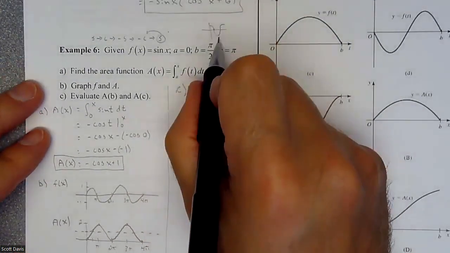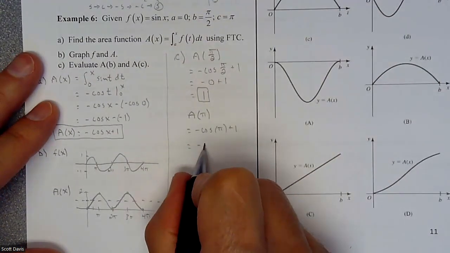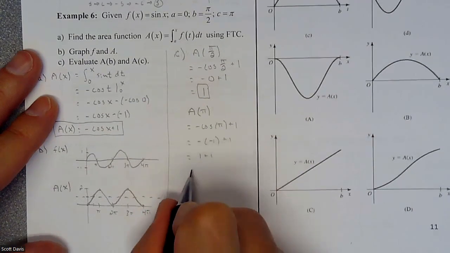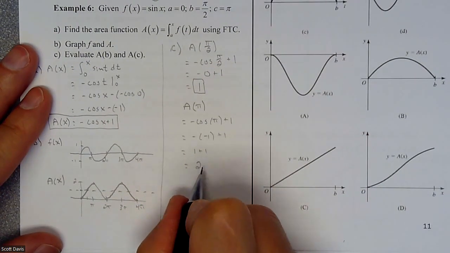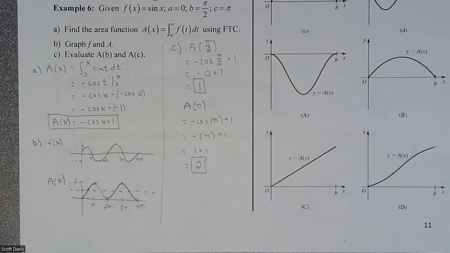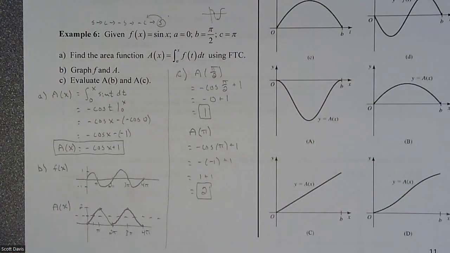Cosine of pi is negative 1, so negative times negative 1 is 1, plus 1 adds up to 2. That area matches that point on the graph, so everything lines up amazingly. And that was a little bit of a different take on finding the area of sine.